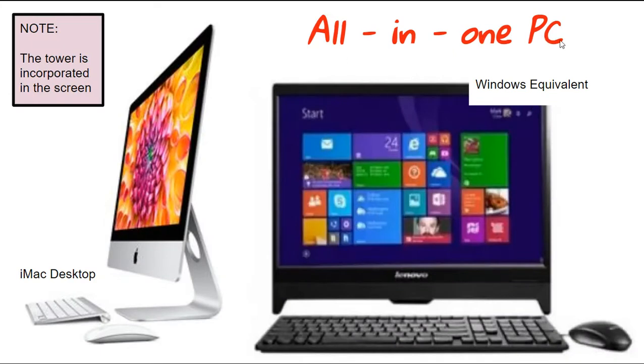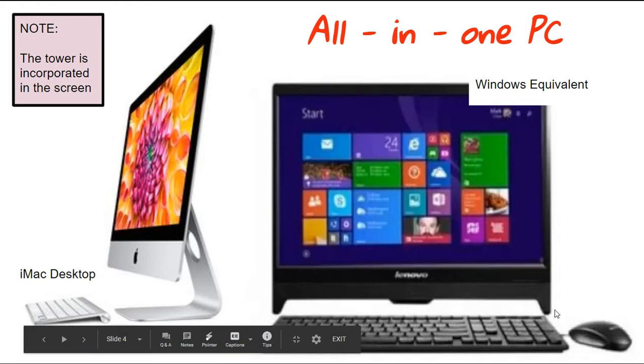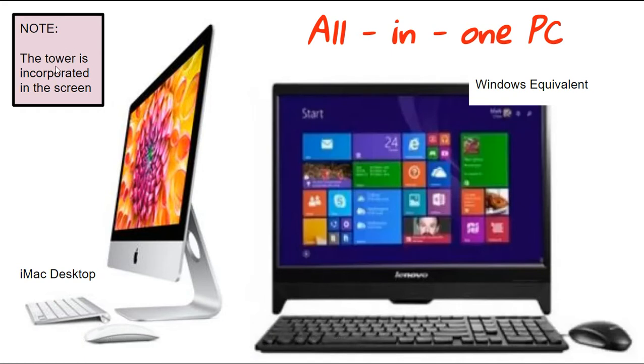This is an example of an all-in-one PC. So you have the keyboard and mouse, just like you would have on a standard desktop computer. And then you have the screen, but the tower is incorporated in the screen. So the desktop part, the box, is actually built into the screen. So your RAM, your solid state drive, your motherboard, it's all inside the screen.